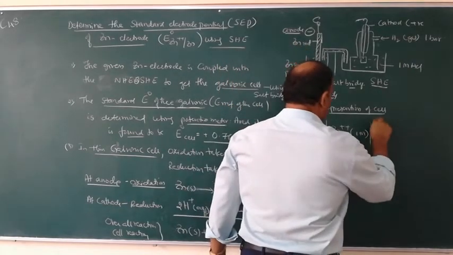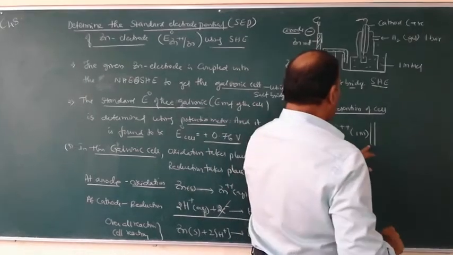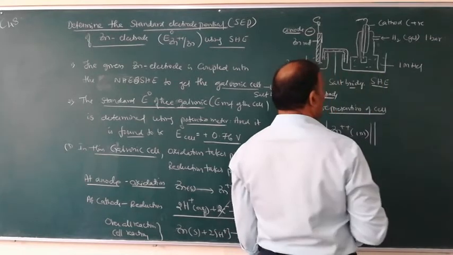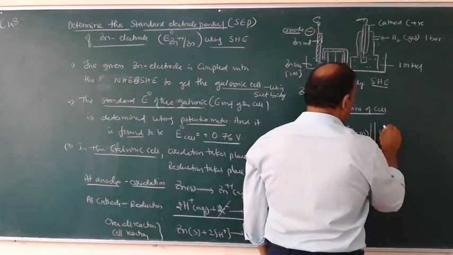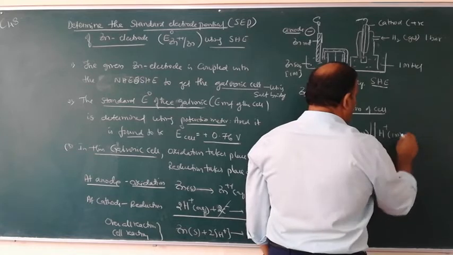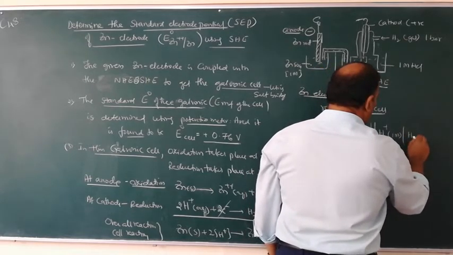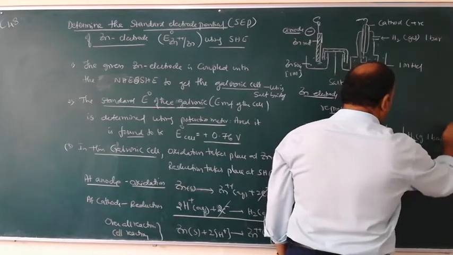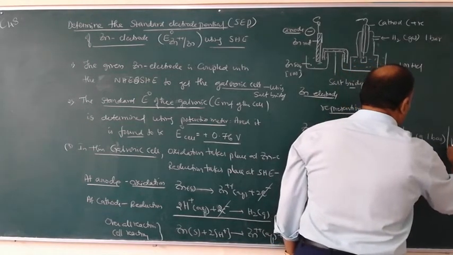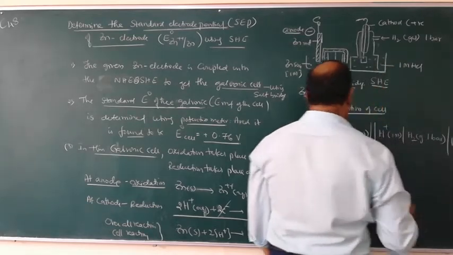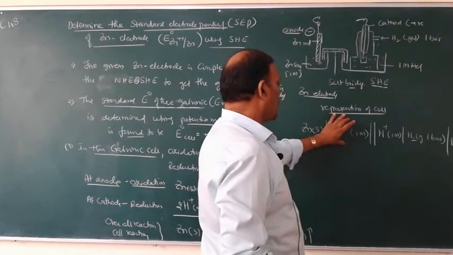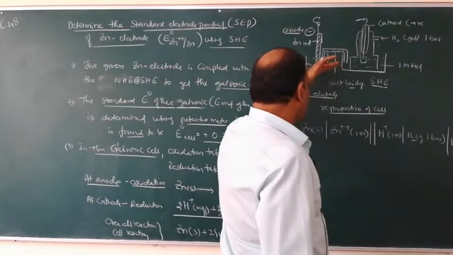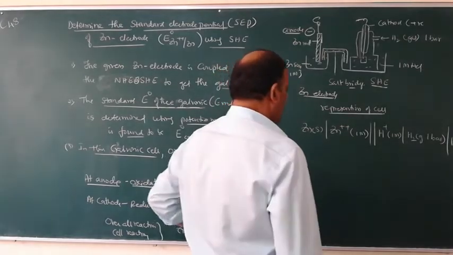In between the zinc electrode and SHE there is a salt bridge. How to represent SHE? Hydrogen ions 1 molar concentration in presence of hydrogen gas at 1 bar pressure in presence of platinum solid. So this is the zinc electrode coupled with SHE, and you will get this galvanic cell or voltaic cell.